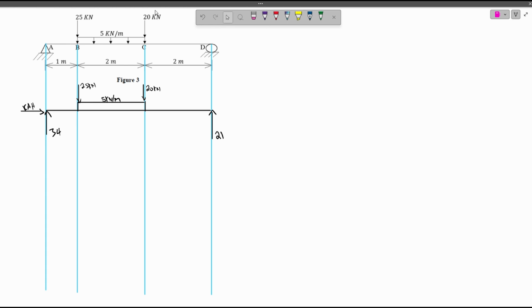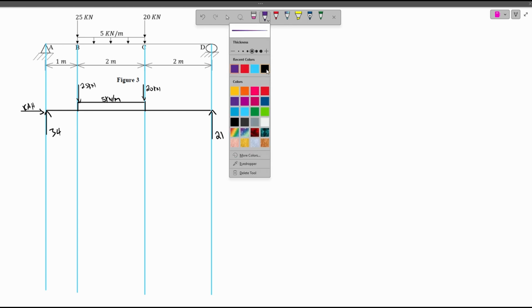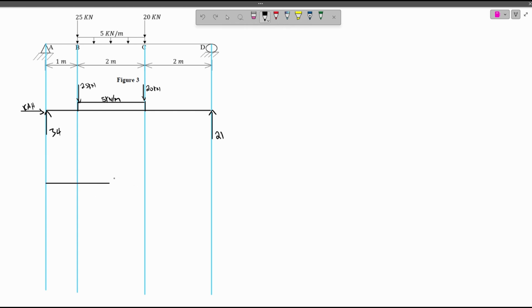So we'll have the shear force diagram here, and up in the moment diagram, let's put it somewhere here. 0, 0, plus minus, plus minus. Okay, now let's do our shear force calculations. Draw a line.